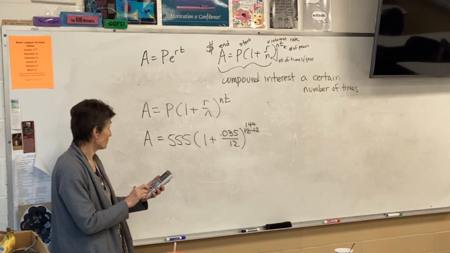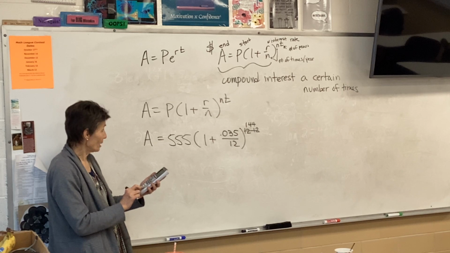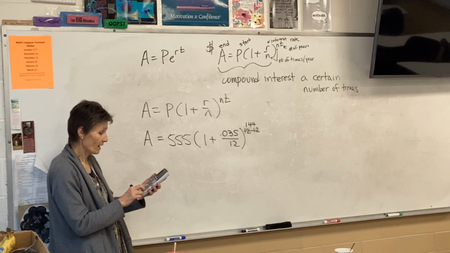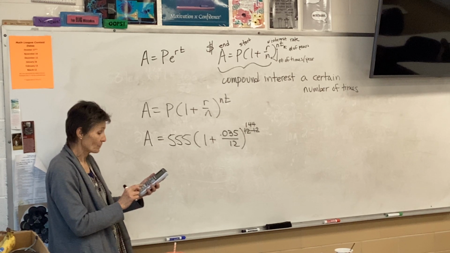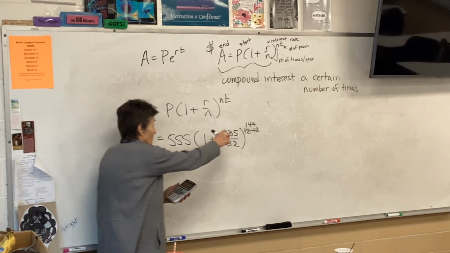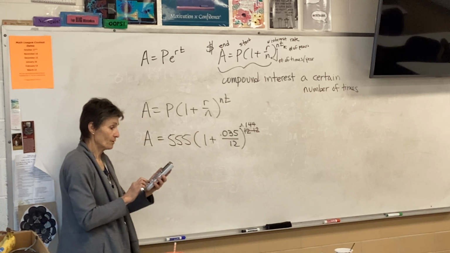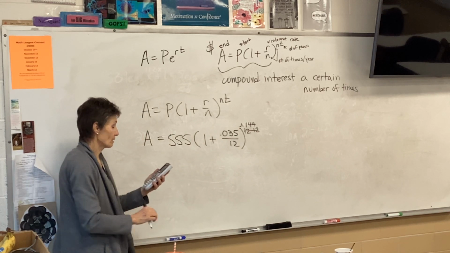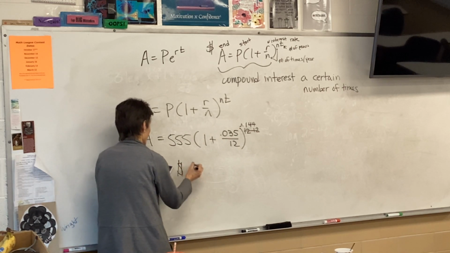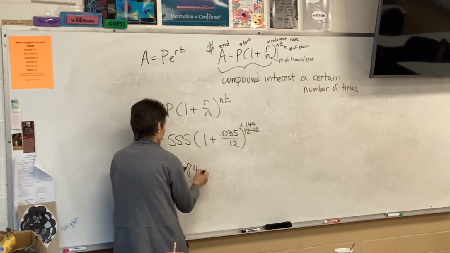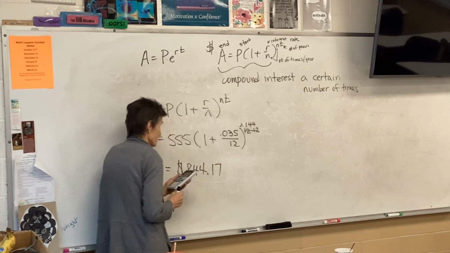555, parentheses, 1 plus 0.035 divided by 12, close parentheses, raised to the 144th. $844.17.